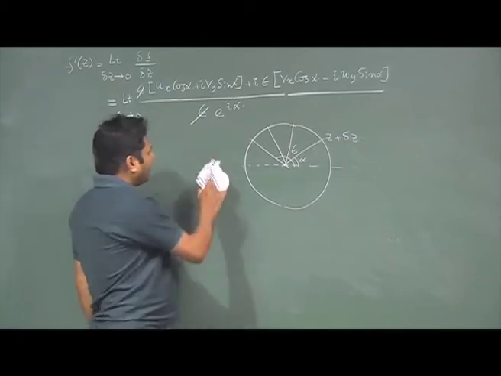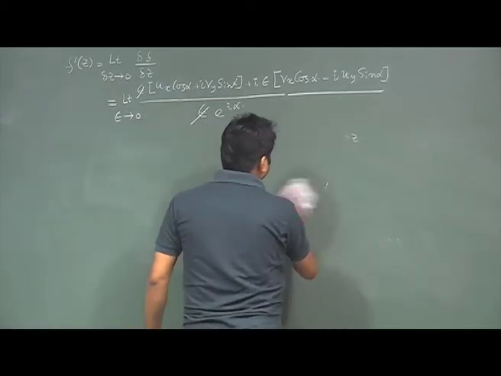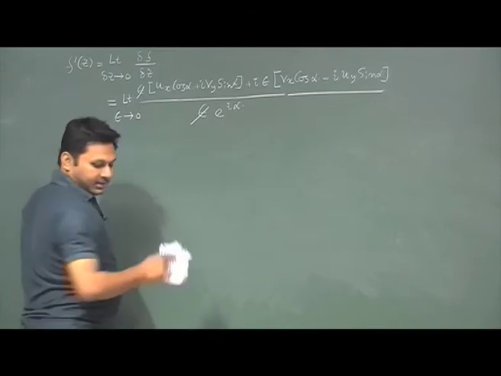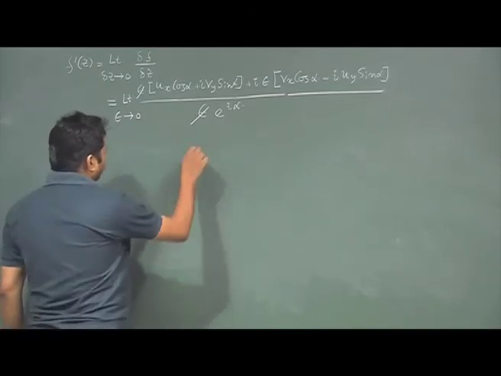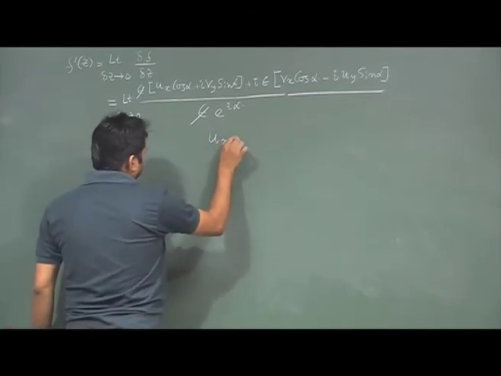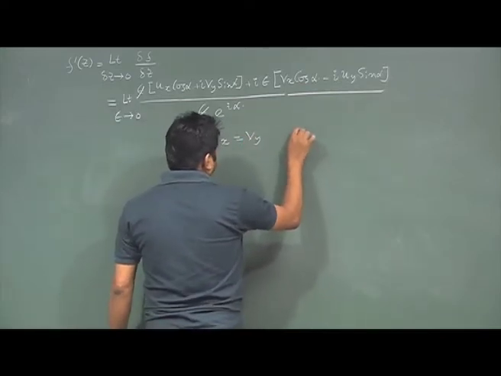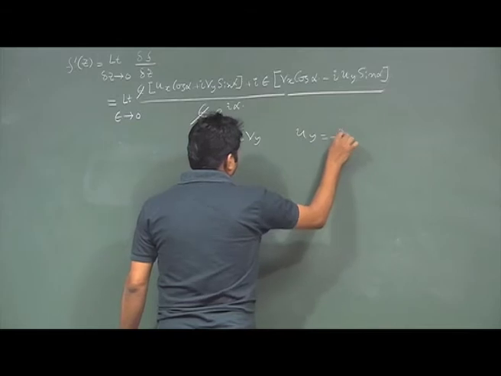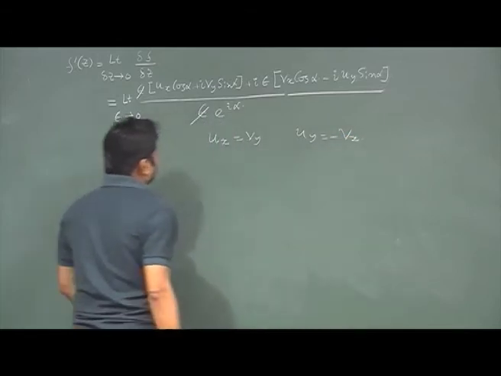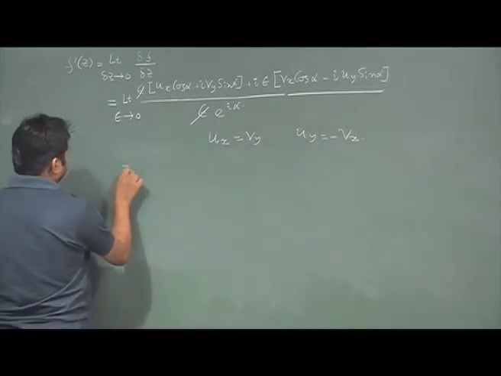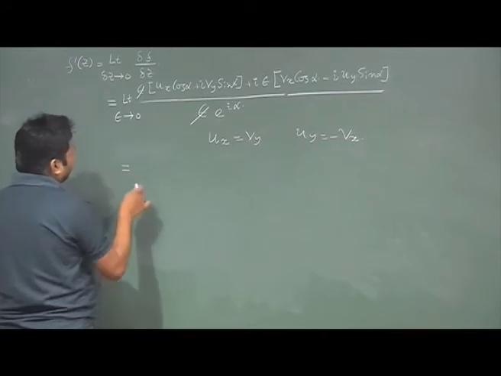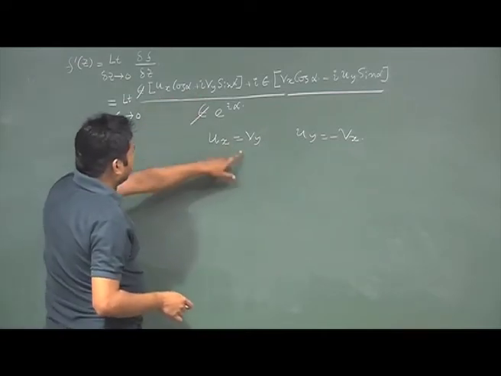Now, is it really possible to make these things alpha independent? In fact, if you look very carefully, when I put ux equal to vy and uy equal to minus vx, we will suddenly have something special here. So, vy I will replace with ux.